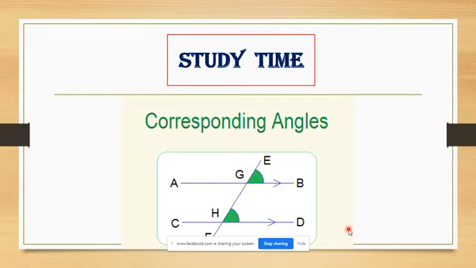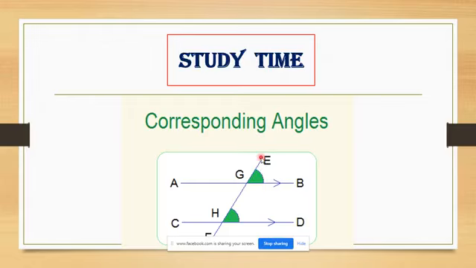Now, this is study time. You will observe the given figure and you will tell me the pair of corresponding angles. I will tell you one. Lines AB and CD are parallel and line EF is their transversal.